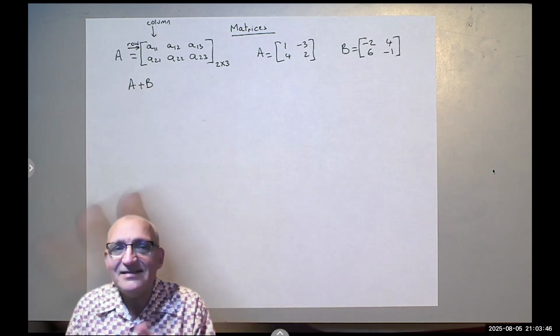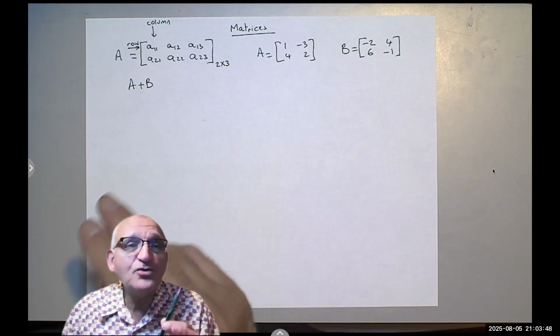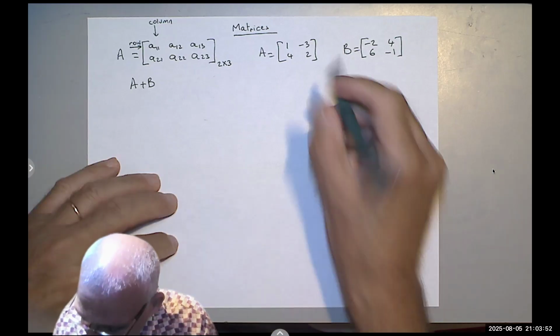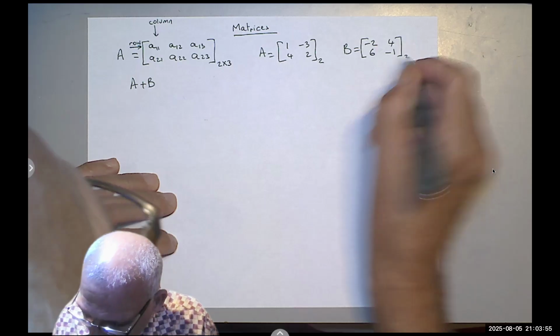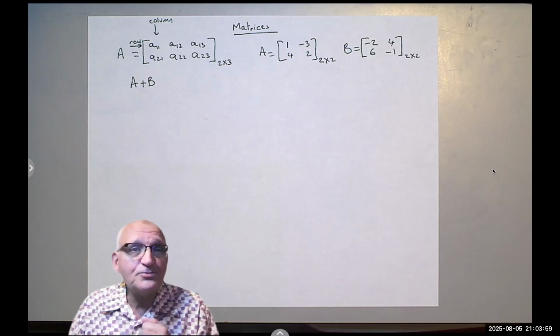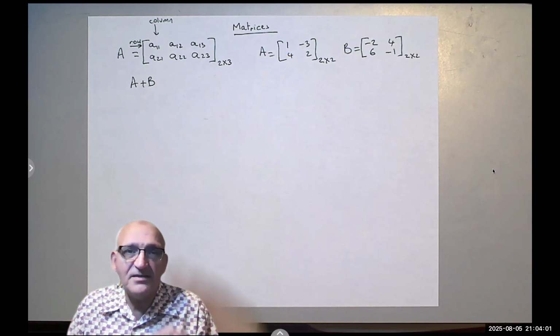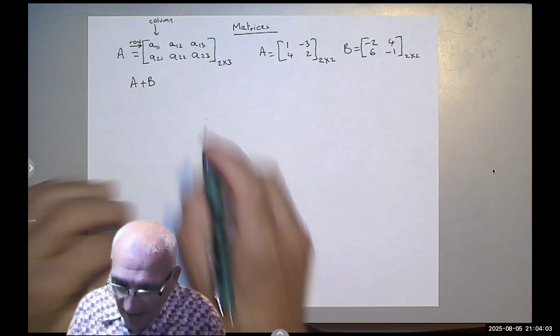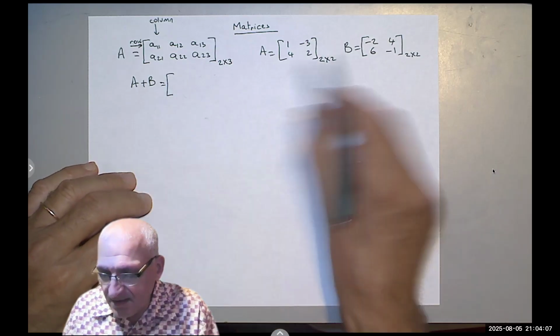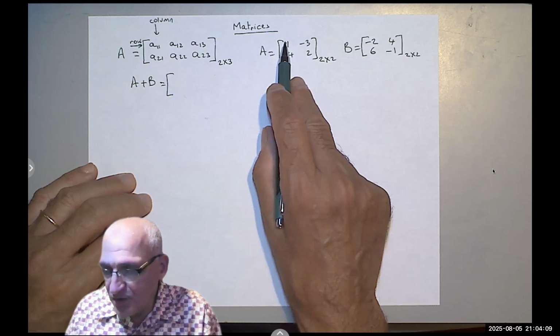Before we can add two matrices, you have to understand they must be of the same size. They have the same number of rows and the same number of columns. Whether you are going to add or subtract them, they have to have the same size. Okay? And now you are going to add, let's say, the first A11 with B11.